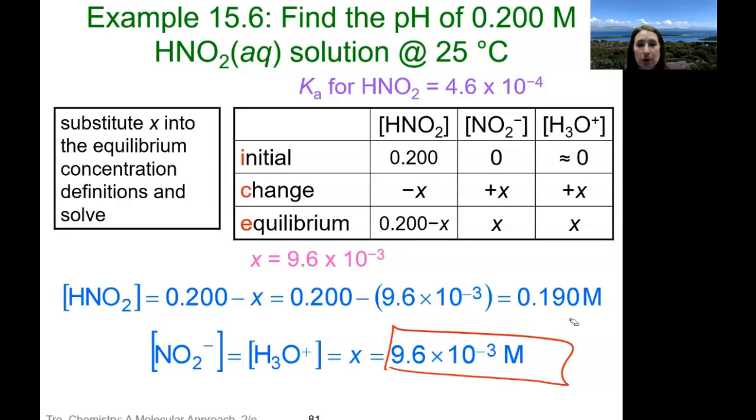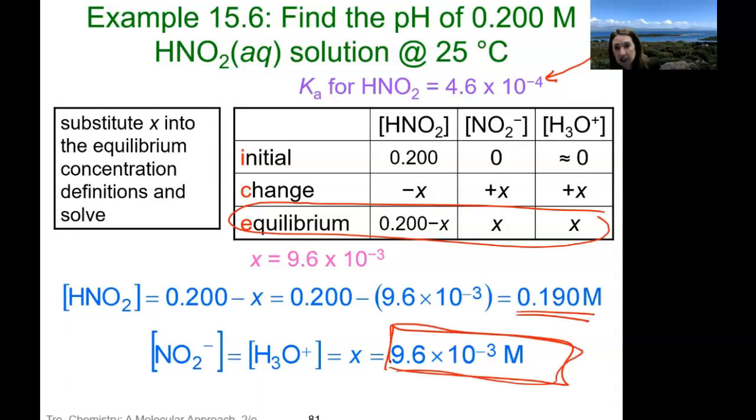Remember, the thing with ice tables is you can always see if your answer is correct because you can put in your equilibrium concentrations and you should get the original K you start with, right? Even though I don't need this, I still found this. This is the number I need. So we just need to take the negative log of that, and then we will have our pH.